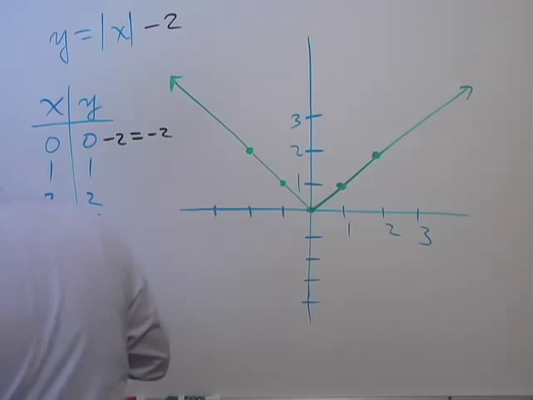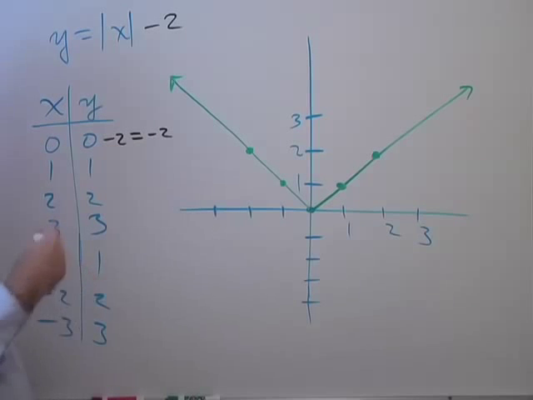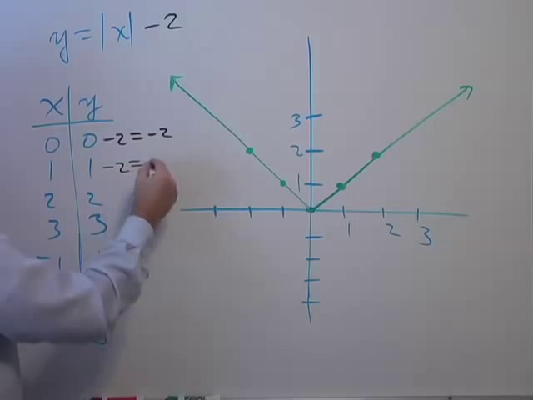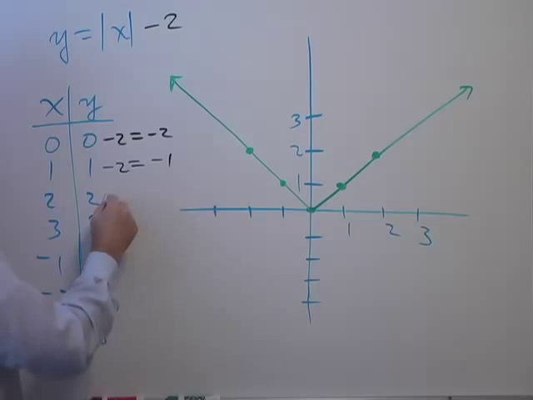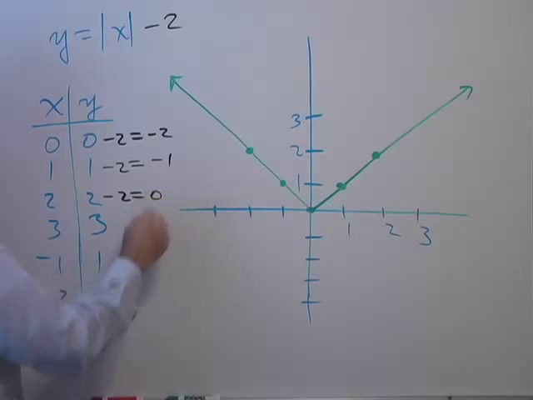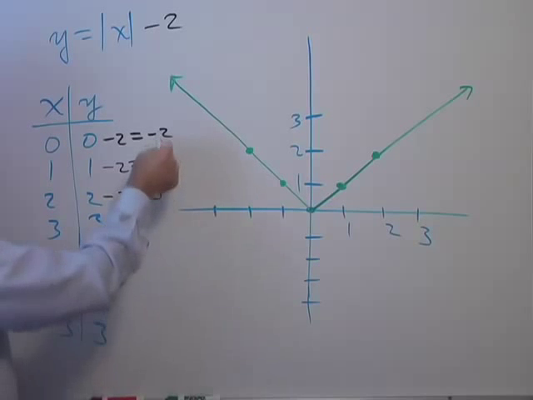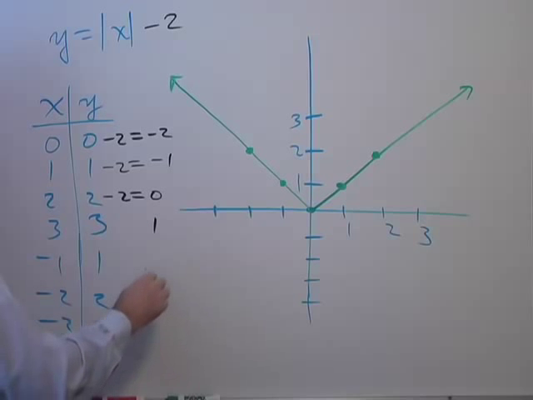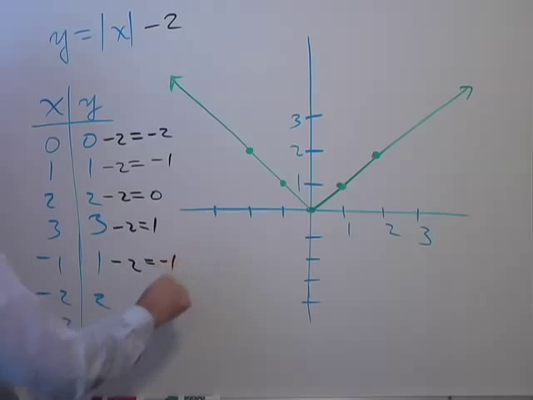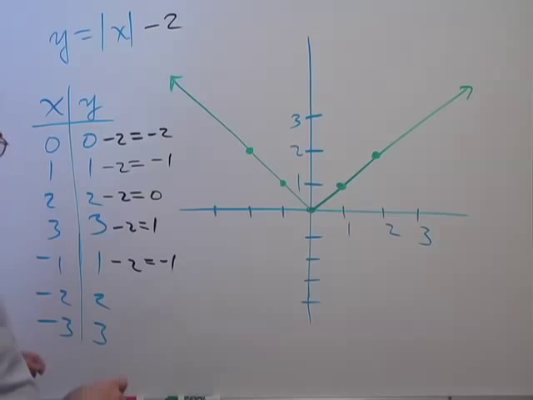If you think of it as not changing the input but changing the output, then all the output values get reduced by 2. And so we end up with these kinds of numbers. Anyway, you get the idea.